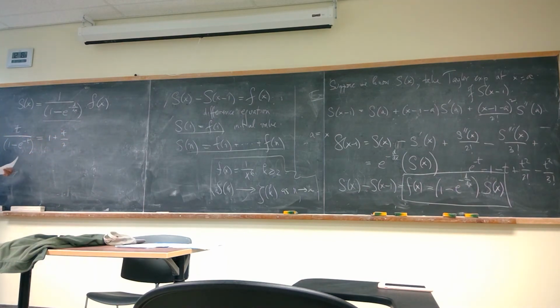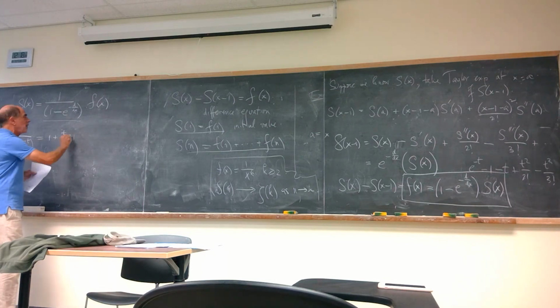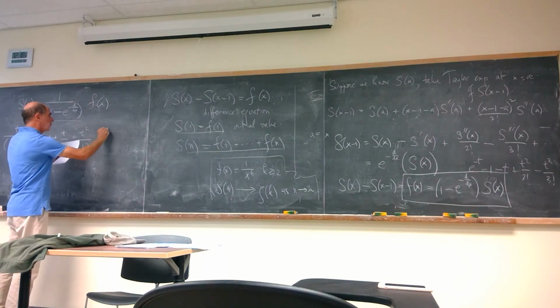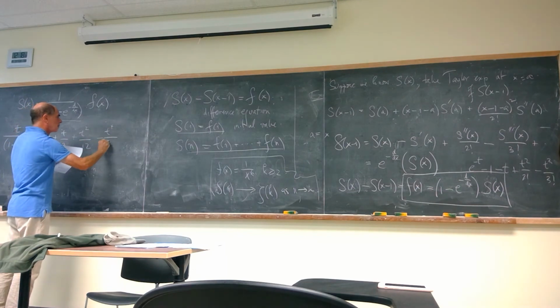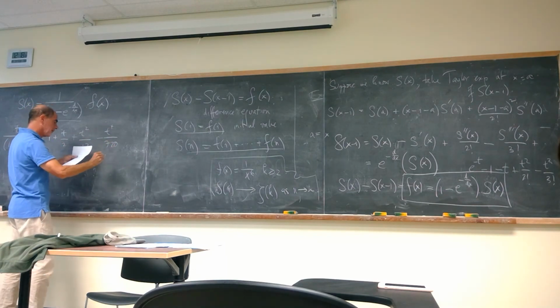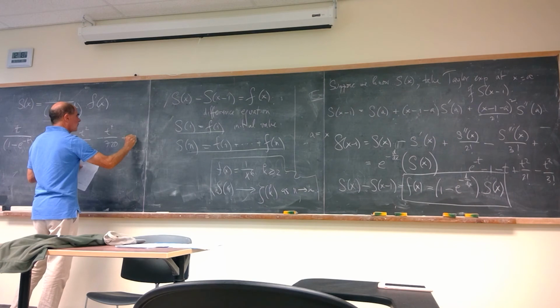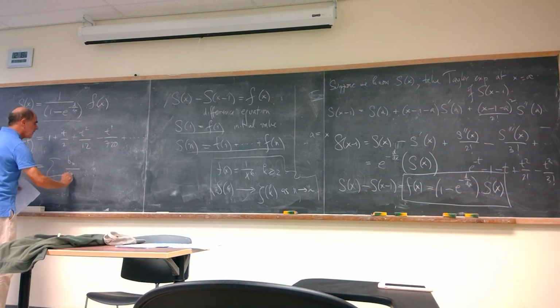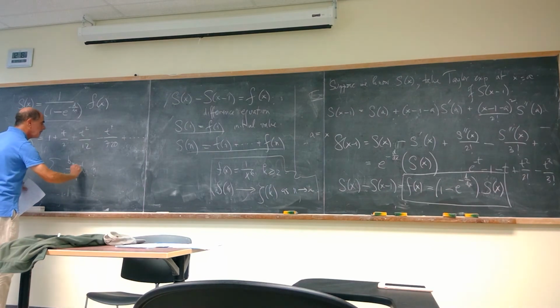And Euler worked out the terms of this power series for a number of terms. And he wrote the coefficients, and he called them Bernoulli numbers after his friend Bernoulli, as Bm over m factorial t to the m.